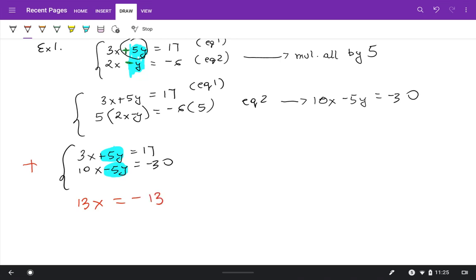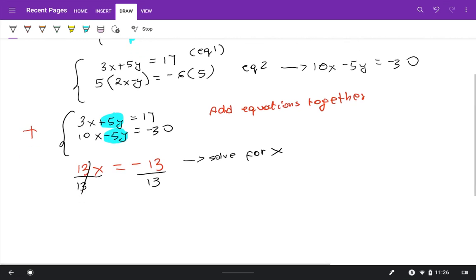So after we add the equations together, the idea of the addition method means that variable y cancels, and now we can solve the remaining equation for x. To solve for x, we divide both sides by 13, and we end up with x equal negative 1.